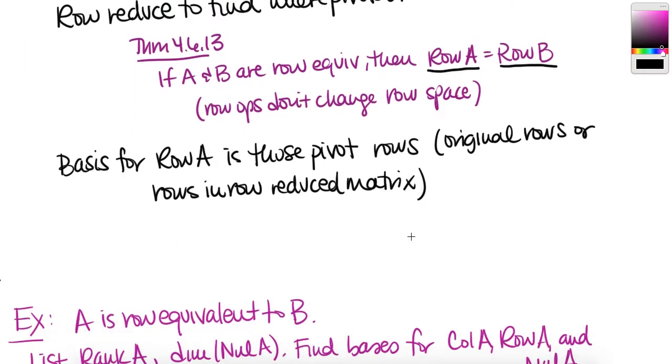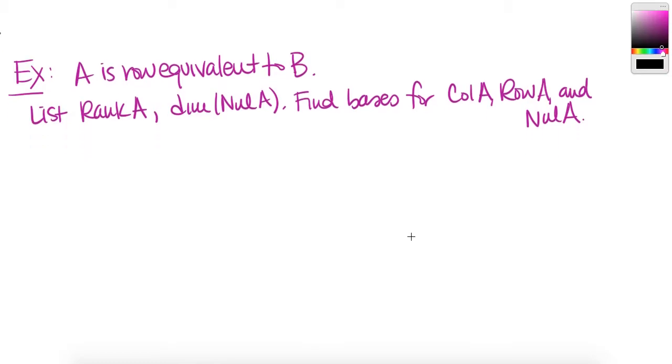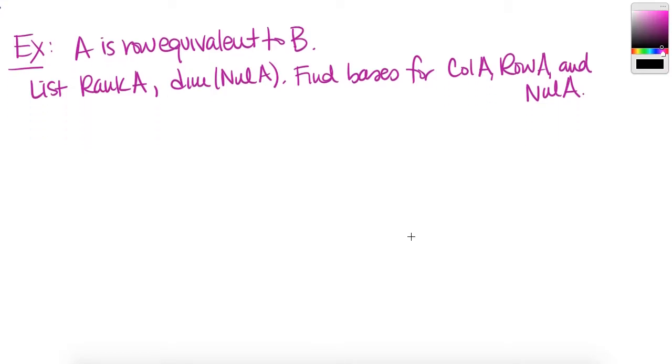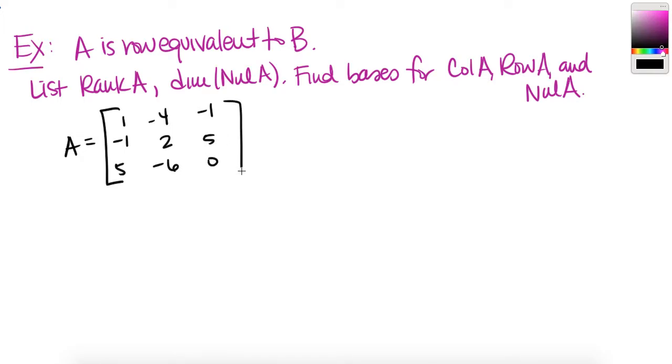Wonderful. All right. So let's go ahead and look at an example. So A is the following matrix: 1, -1, 5, -4, 2, -6, -1, 5, 0.